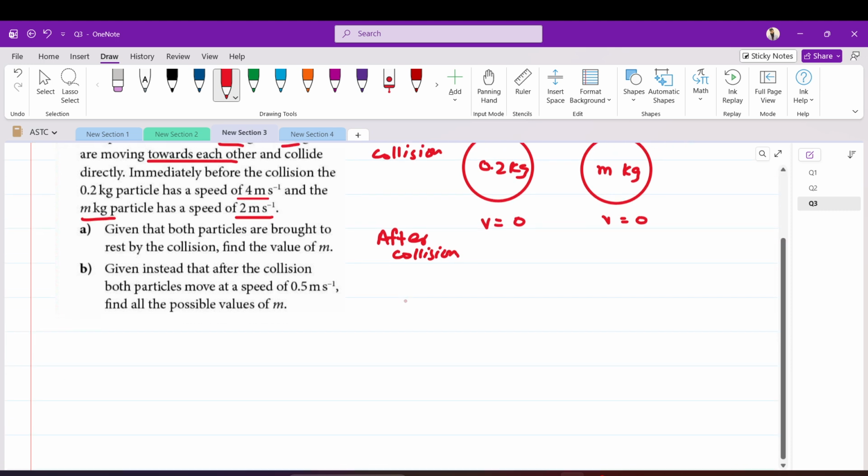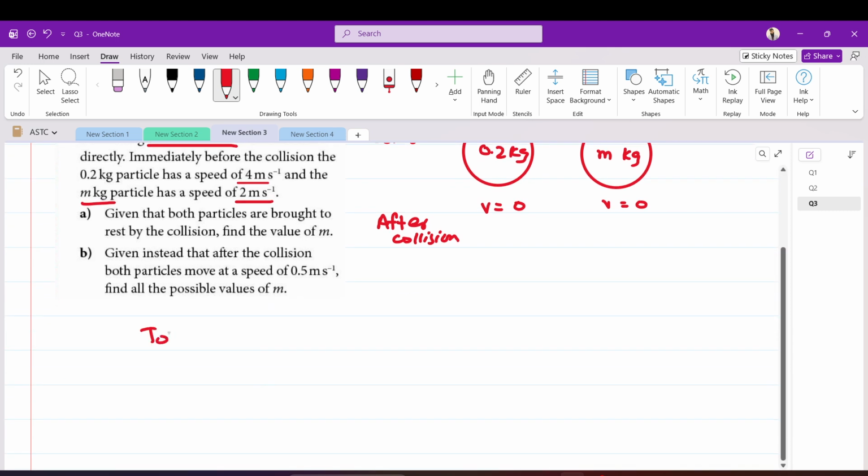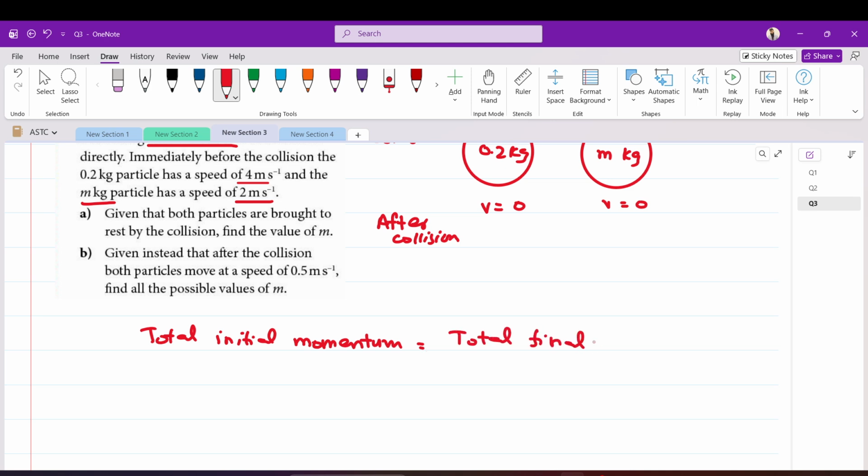Okay, all right. So again, we'll apply the same concept. Total initial momentum equals total final momentum. All right.